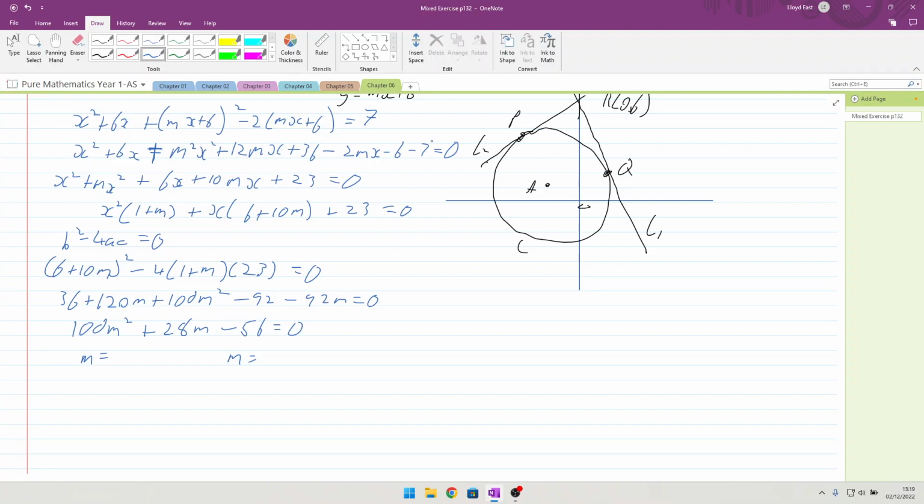Straight onto the calculator, onto the polynomial solver. 2 degrees. Here we go. 100 into there, 28 and minus 56. Not entirely sure that's correct.